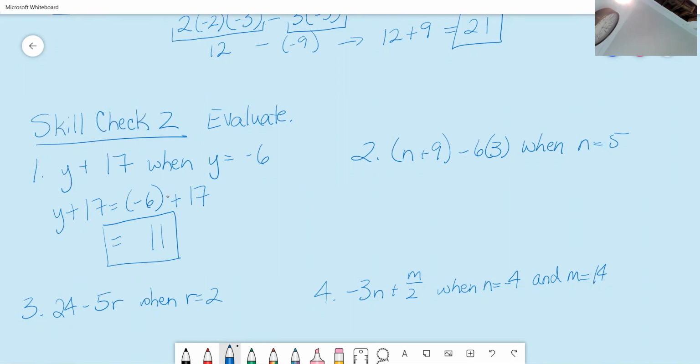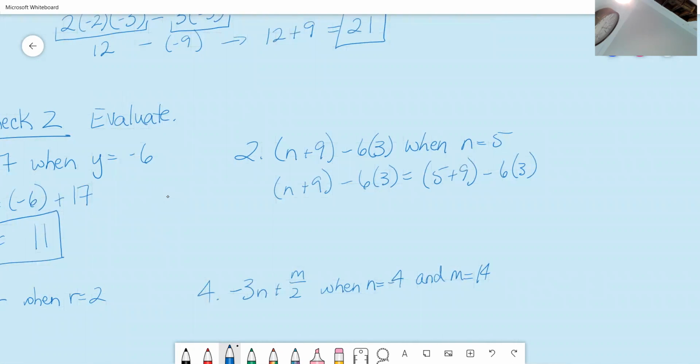Okay, so number 2 tells us that n plus 9 minus 6 times 3 when n equals 5. So we have 5 plus 9 minus 6 times 3. Okay, everybody see where that came from?